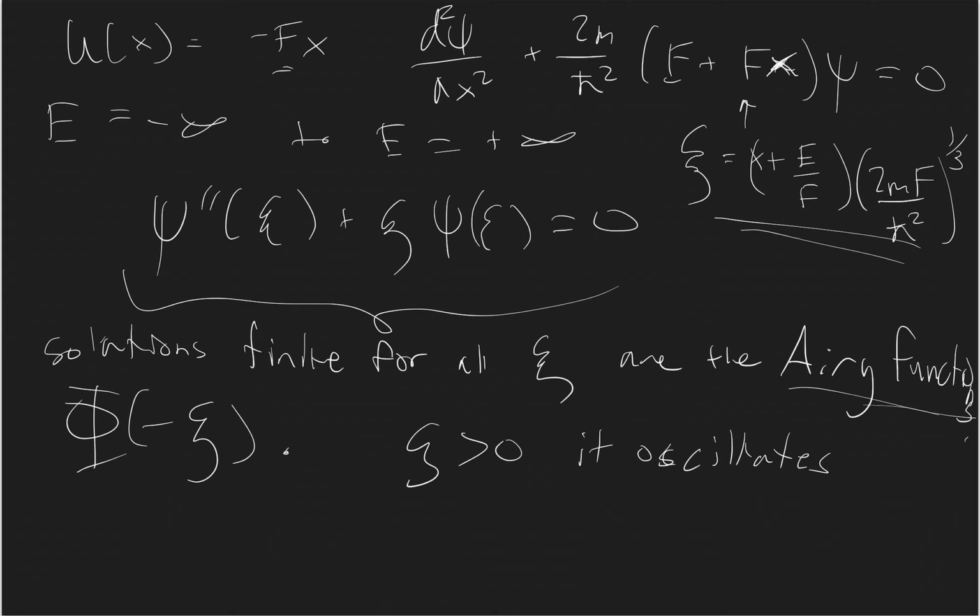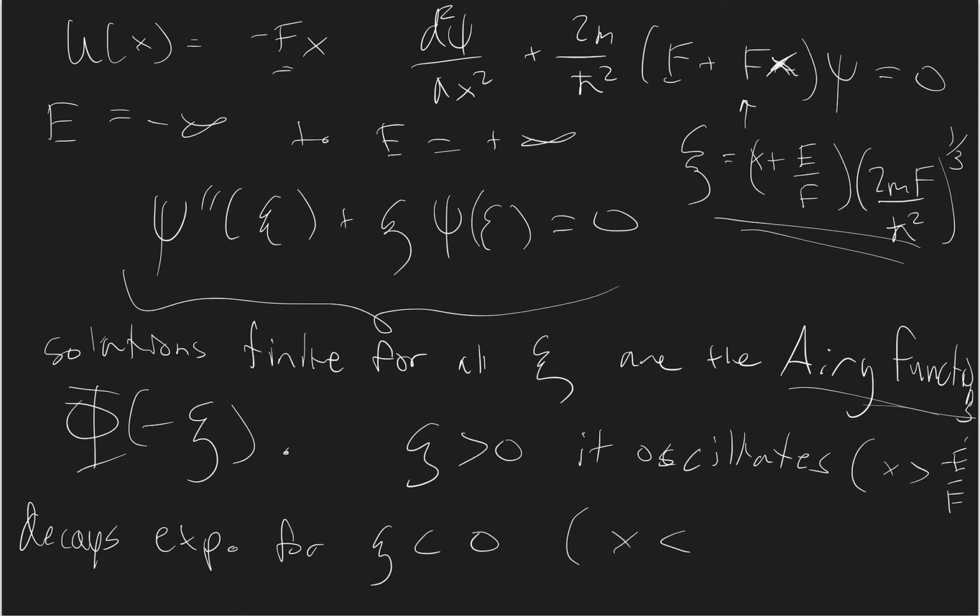So it oscillates around this classically allowed region, so this x for x greater than negative E divided by F, and decays exponentially for the negative values of z, and this would be the classically forbidden region where x is less than the energy divided by that linear factor in the potential.